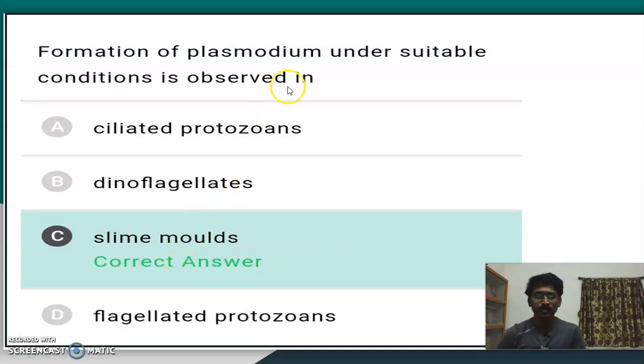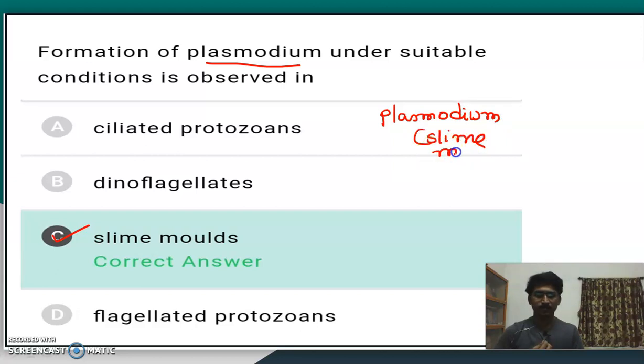Now, next question: formation of plasmodium under suitable condition is observed in the slime mold. In case of plasmodium, there are different forms: the slime mold plasmodium and the plasmodium sporozoid.